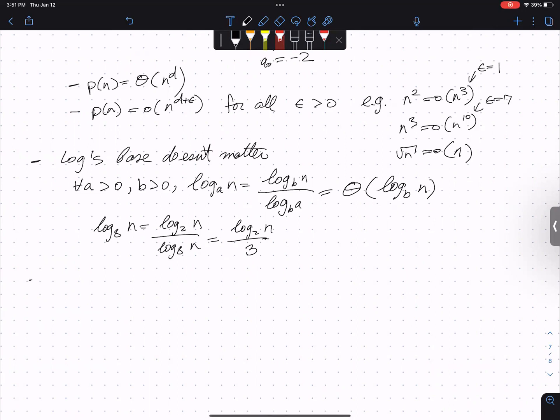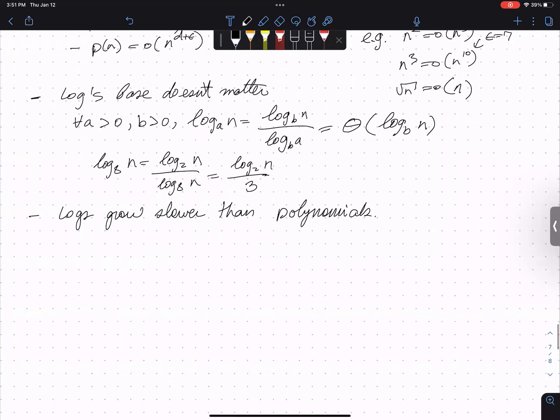Okay, now the next rule of thumb is logs grow slower than polynomials. What I mean by that is n to the power of d is little o of a to the power of n for all positive d and a greater than 1.